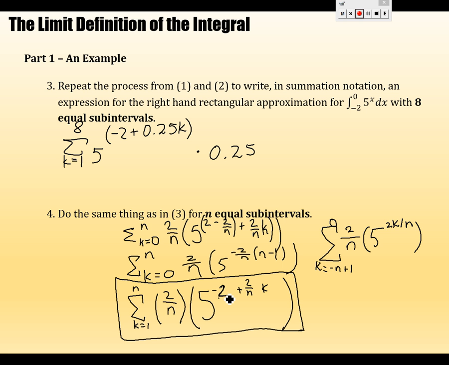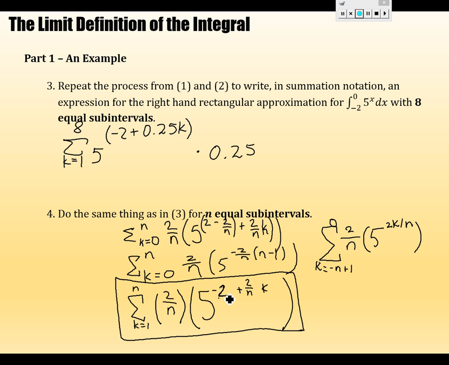If you plug k equals 1 in, so maybe correct yours there. If you plug in 1, then you'll get negative 2 plus a delta x, which is exactly what you want for the first rectangle. You want the right-hand endpoint of that first rectangle, right?